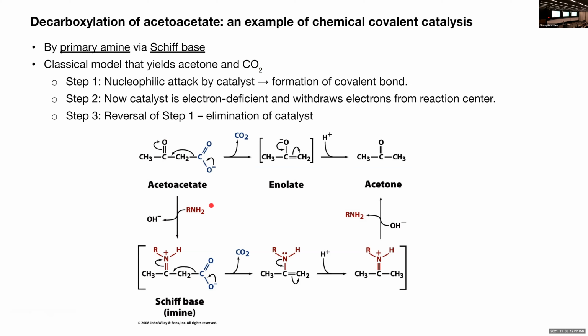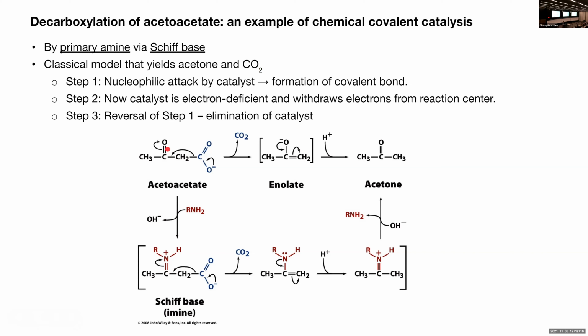So here's acetoacetate, and here's a catalyst, which is a primary amine, and that gets in. Since it's nucleophilic, the amino group has excess electrons, so it'll easily attack the carbon here.